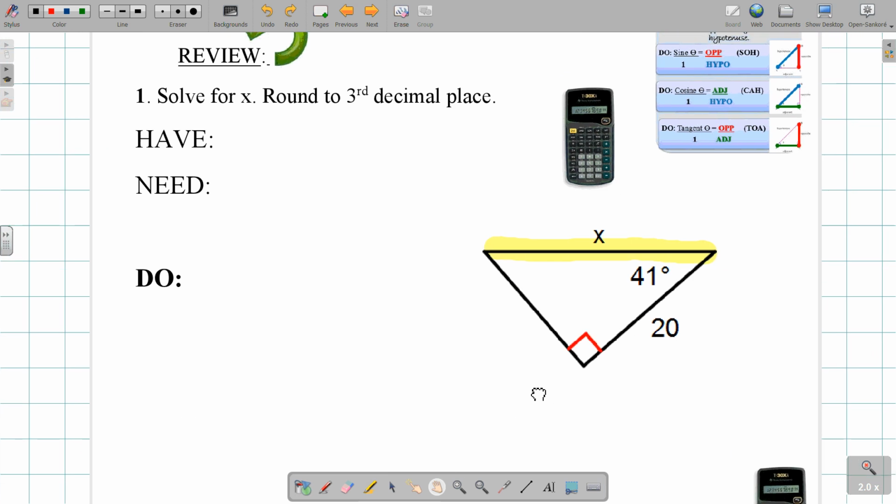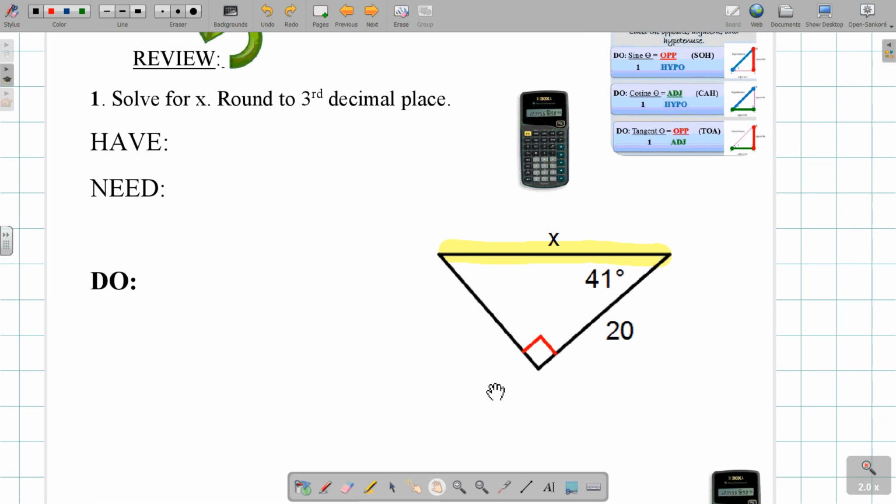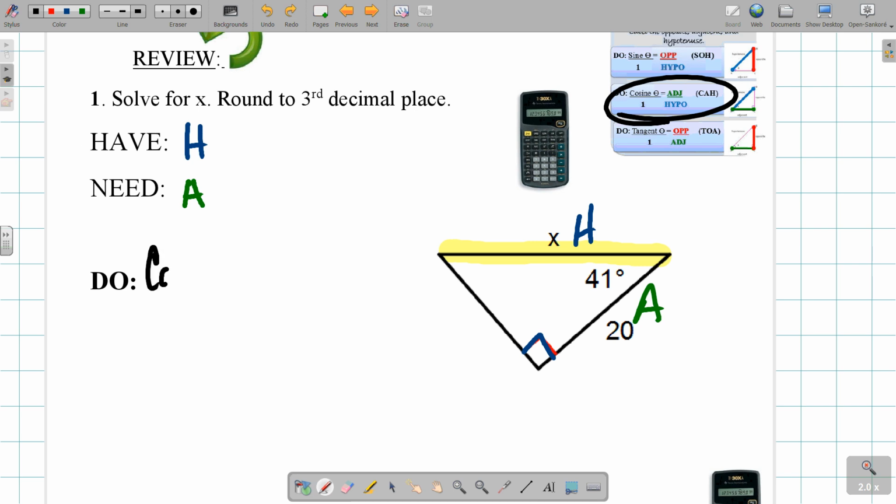All right, let's see how you did here. So for this one, we have the hypo, and we want the adjacent. So that's AH, so that's going to be this one right here, cosine. Cosine theta over 1 equals adjacent over hypo.